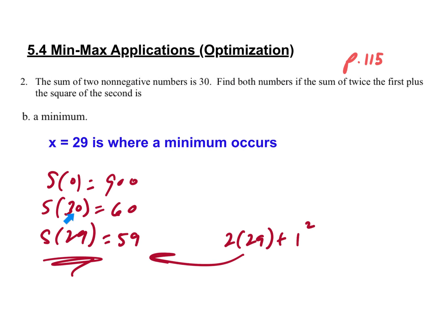Because we just said it was 0 and 30. Now you're saying 30 and 0, which just verifies that it doesn't happen there. On the other one, we didn't have to test endpoints because we didn't have endpoints. Right? They were open circles. They were less thans, not or equal tos. And because our domain is restricted to could be 0, could be 30, we have to test those endpoints to establish that, in fact, S of 29 is the minimum, not just a local minimum.